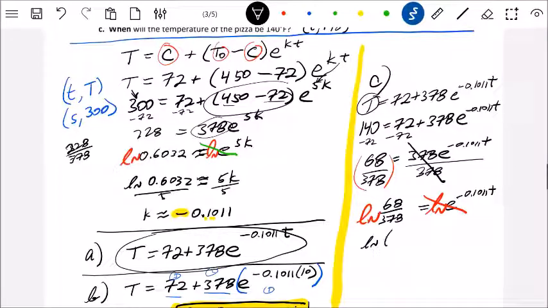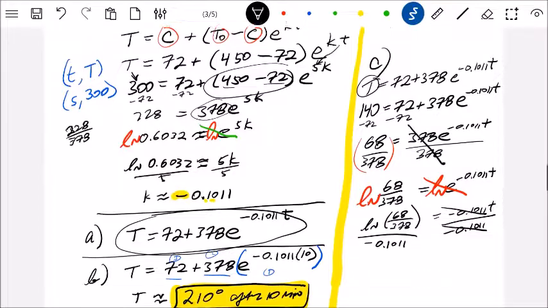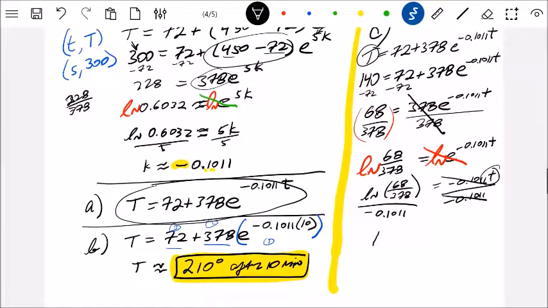So I have the natural log of 68 over 378 equals negative 0.1011 t. Let's divide by negative 0.1011, so that cancels out and we have just t here.